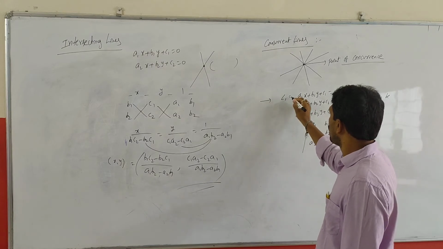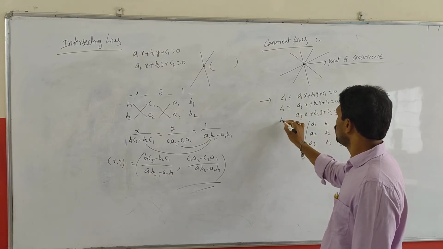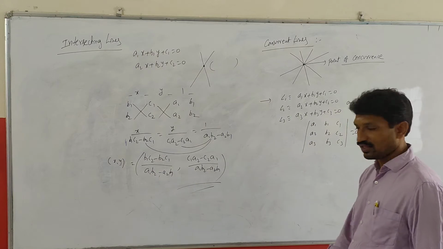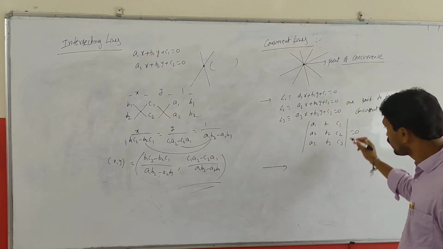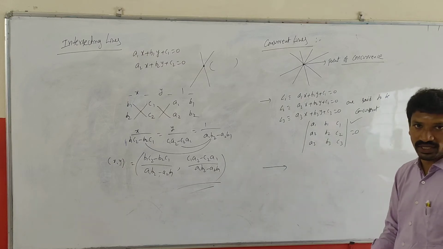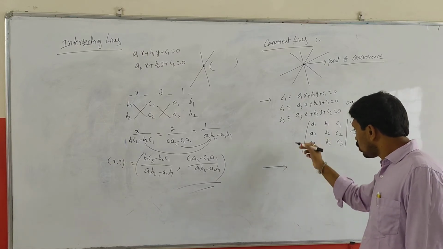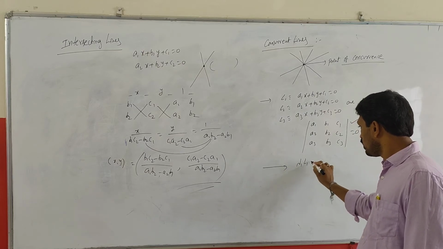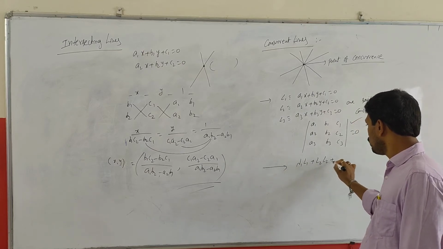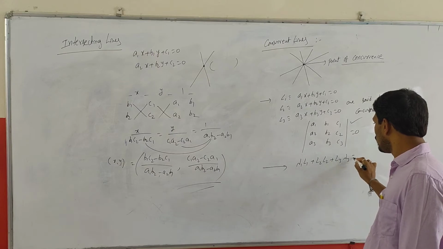Let us denote the first line as L1, the second line L2, and the third line L3. Otherwise, we can use this formula, or the next one I am saying. If L1, L2, L3 are concurrent, then lambda 1 L1 plus lambda 2 L2 plus lambda 3 L3 is equal to 0.